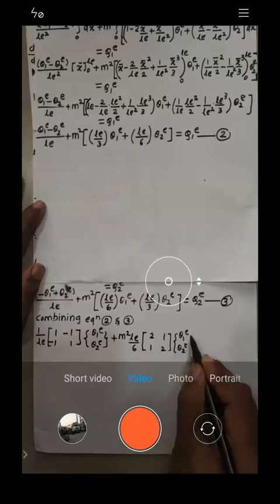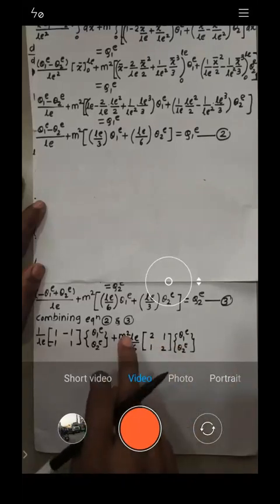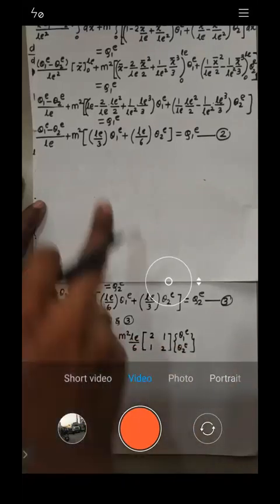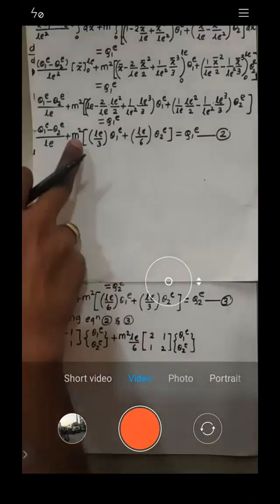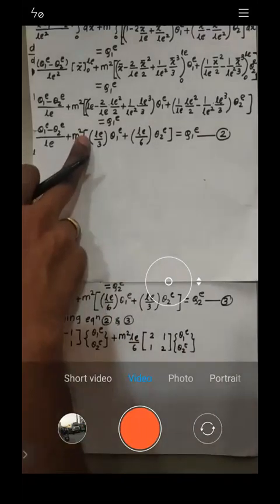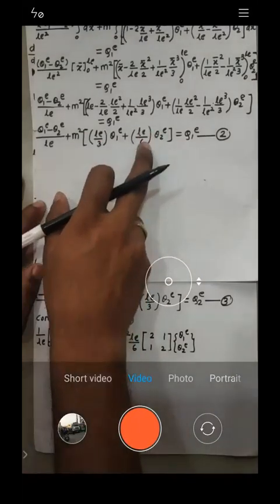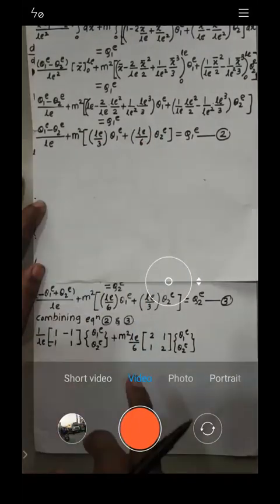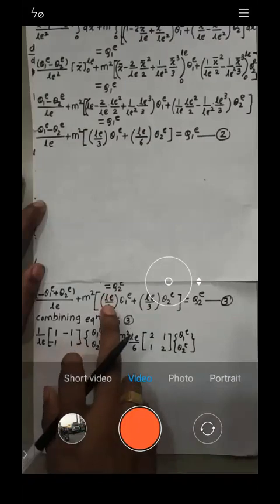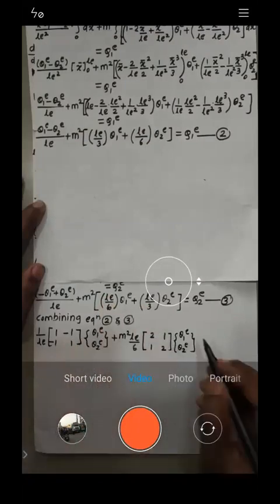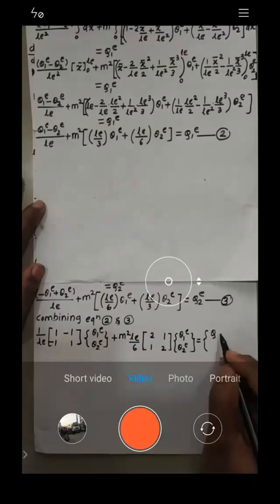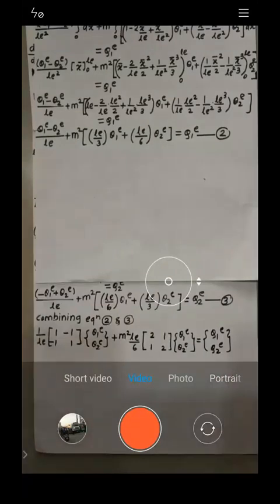Just check it. I've taken LE by 6 common, so you should have 2 here, 1 here, 1 here, and 2 here, is equal to Q1E and Q2E. Is it okay? Yes or no?